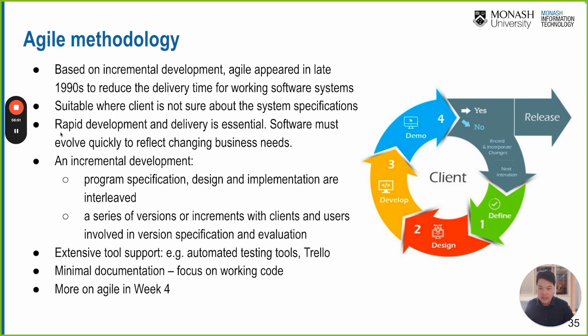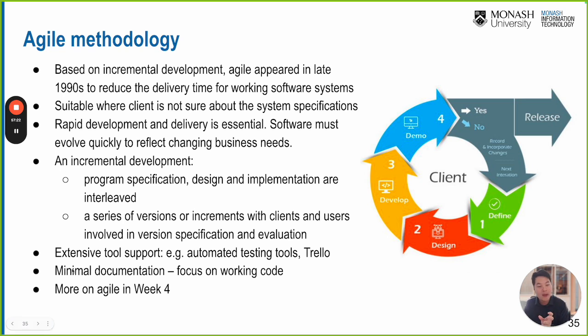Yeah, so they really focus on the working software system rather than the detailed documentation. We will talk about the agile manifesto later as well, but this agile methodology is actually based on incremental software development, but the difference is that it works as iterations, a series of iterations, and they put little focus on documentation.